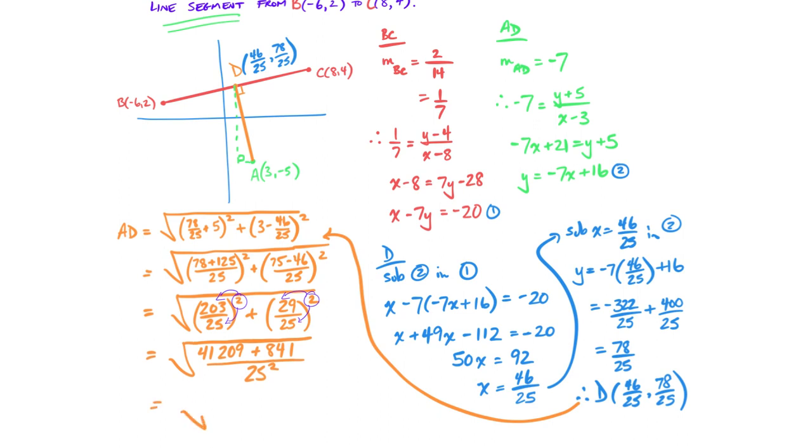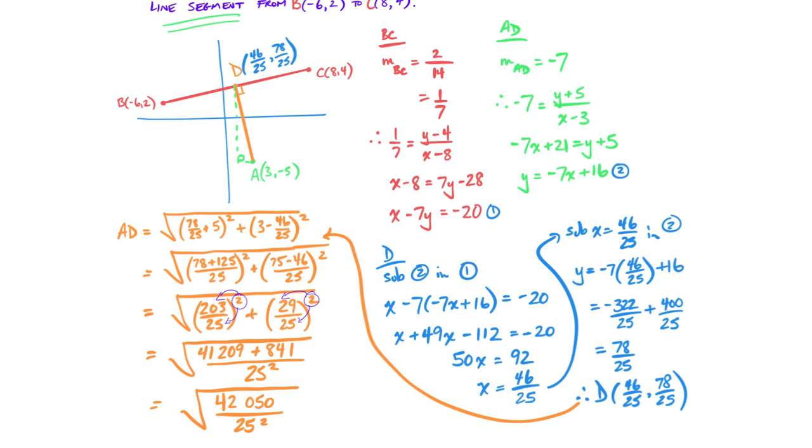Keep following BEDMAS. If I take my 841 and now add to that my 41,209, that is going to give me 42,050 over 25 squared. You may be asking, why are you still not calculating 25 squared?